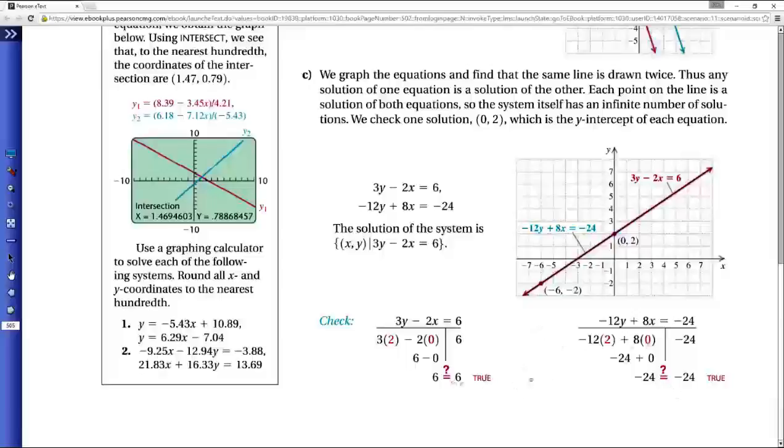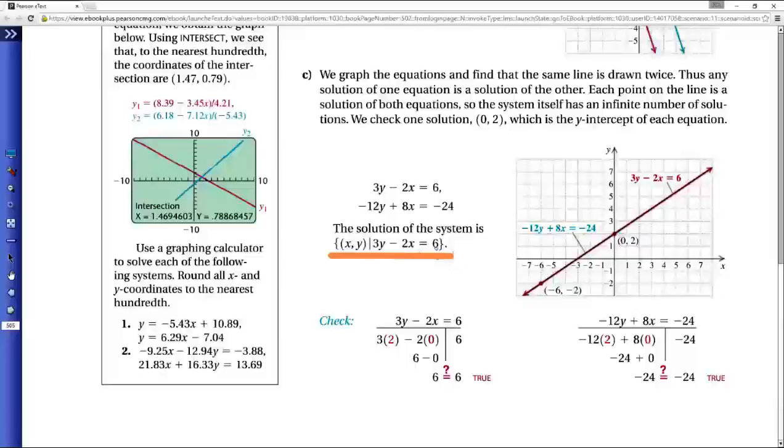Well, that is a solution, but you've got to be careful that in this situation there's an infinity of ordered pairs. So the only way we can show infinity when we're answering things, we have to use set notation. Now notice here, right here, this is set notation again. Get familiar with this. How I'd read this is the set of the ordered pair x, y, such that, pipe symbol, 3y minus 2x is equal to 6.